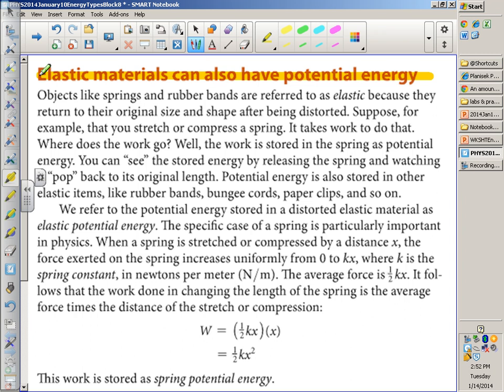If I let it do that, now I can use that elastic material to shoot little wads of paper across the room, or flick your friend in the arm, or shoot water balloons, or shoot yourself in the face with your ID, whatever it is. We refer to that energy as elastic potential energy.